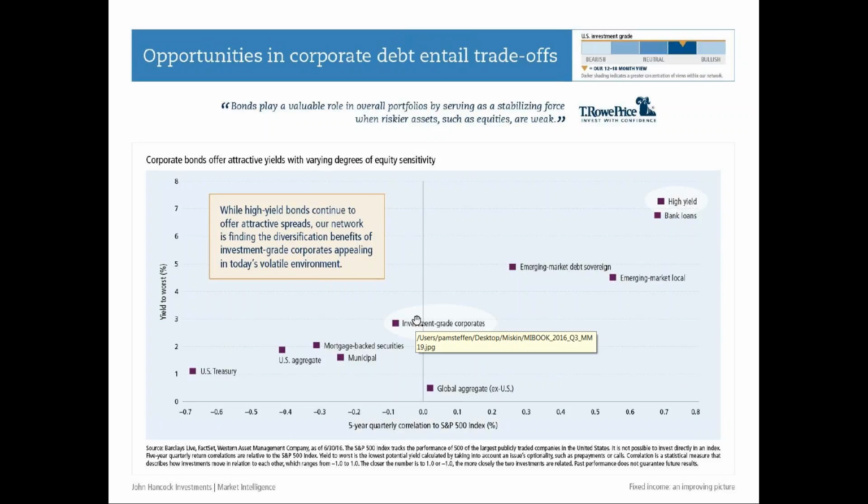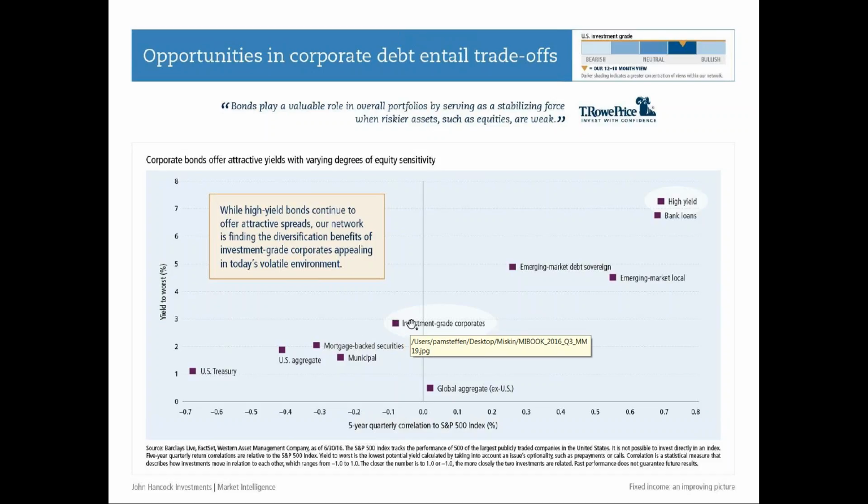Investment-grade corporate bonds have a lower correlation to equities, meaning that they do provide some diversification benefits, and they have a decent yield. They don't have a great yield. High yields have almost 3 times as much yield, but investment-grade has a 2 to 3% yield, and that might not sound great, but it's better than treasuries, and it's better than a lot of the other higher quality bond parts of the market.